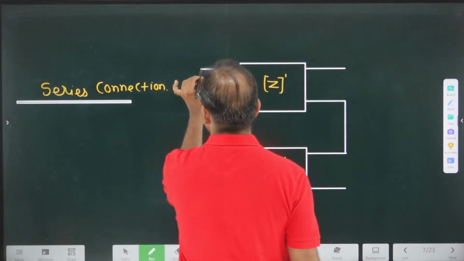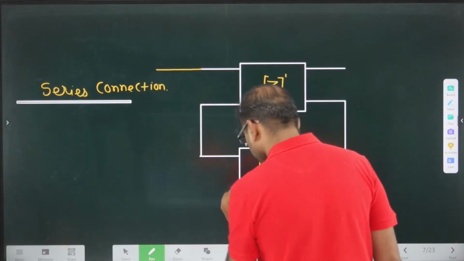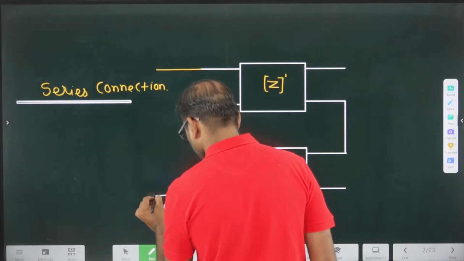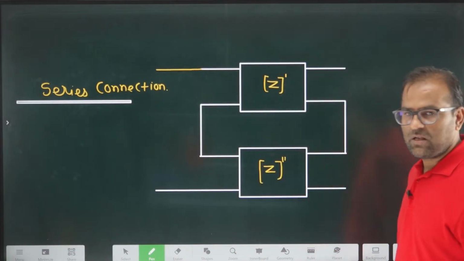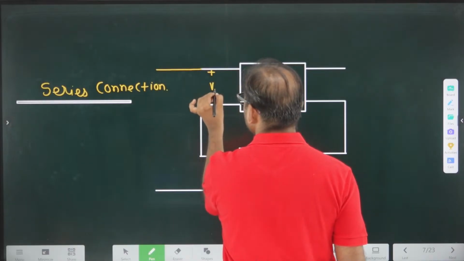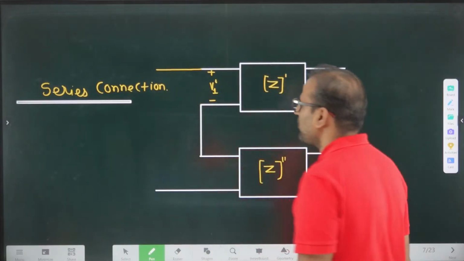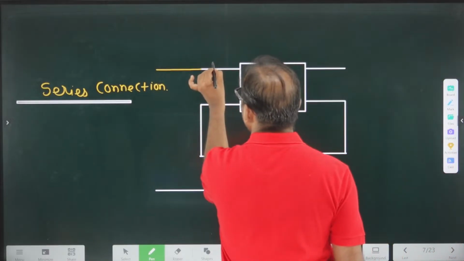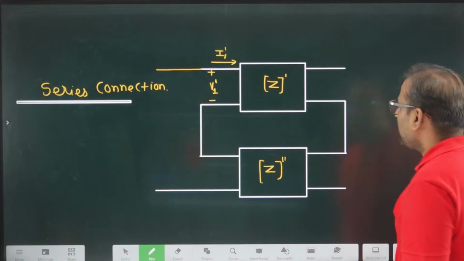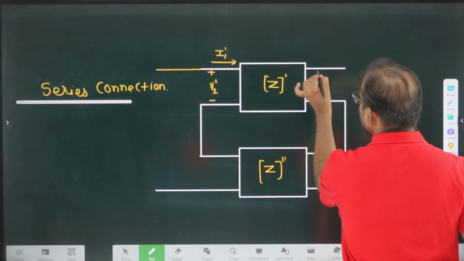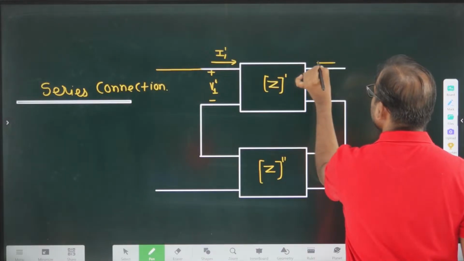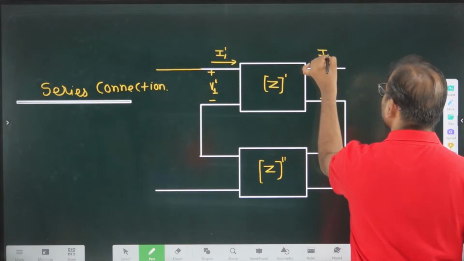And let me tell you, this voltage is, I am making series connection of this, and let's say this voltage I am calling V1 prime. जो पहले टू पोर्ट नेटवर्क का जो वोल्टेज है उसको V1 प्राइम लिखा है मैंने, और this current is known as I1 prime, correct. पहले ही टू पोर्ट नेटवर्क का जो दूसरा आउटपुट पोर्ट है, I am calling this as V2 prime, and I am calling this current as I2 prime.